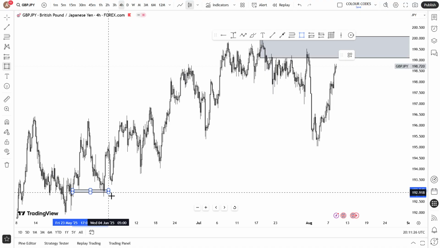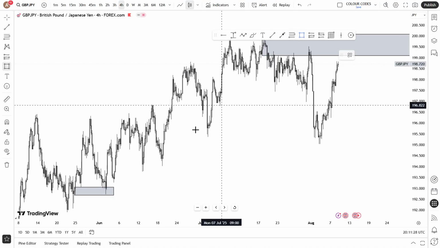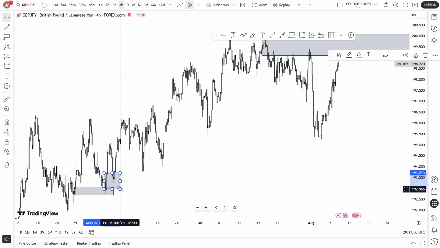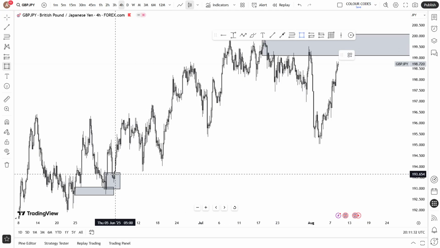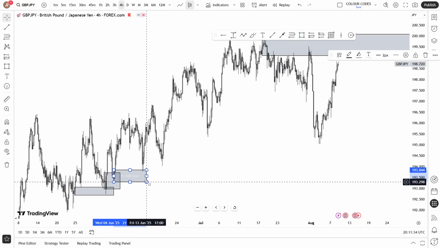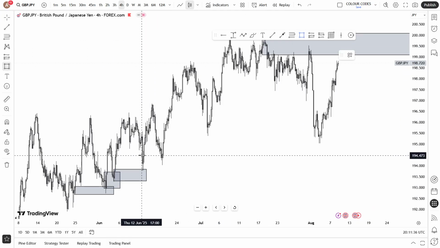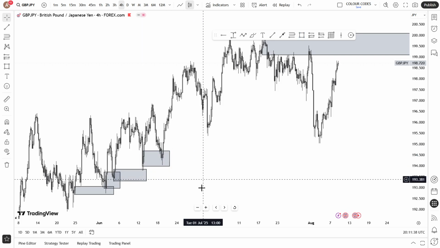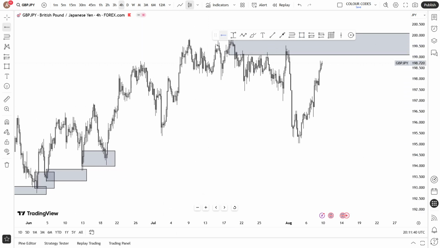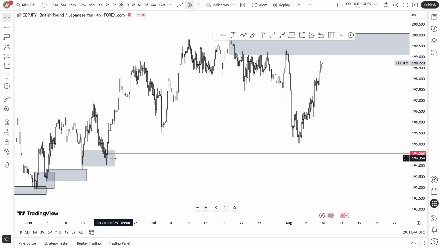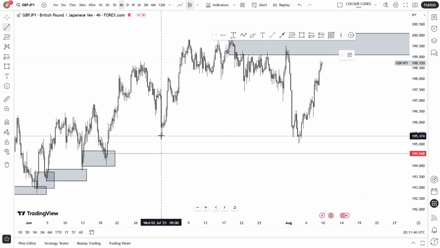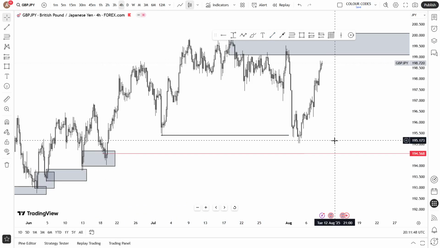This particular 4 hour order block got respected. The next one got respected. The next one also got respected with a wick. And then price also respected this particular one. But the last order block that wasn't respected is this particular order block. I'm putting a red line at the very tip of it. And the moment price took out this old low, price started going up.